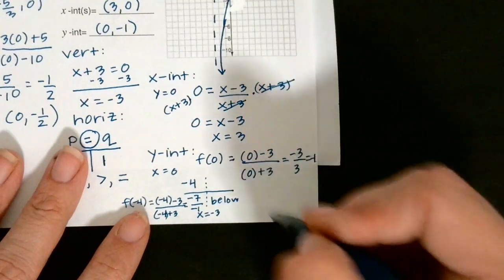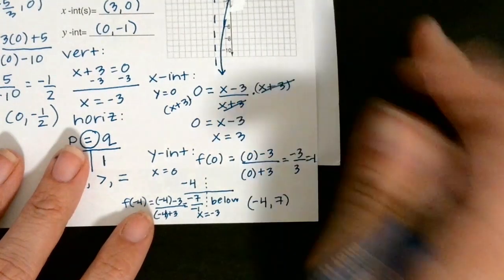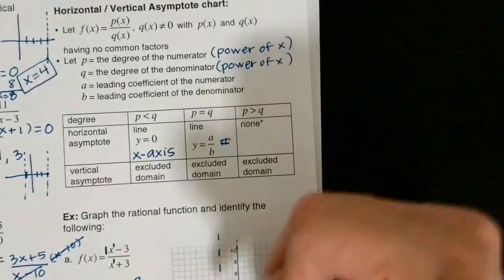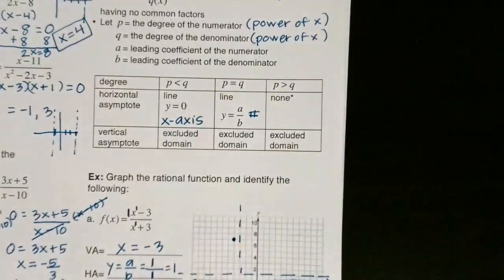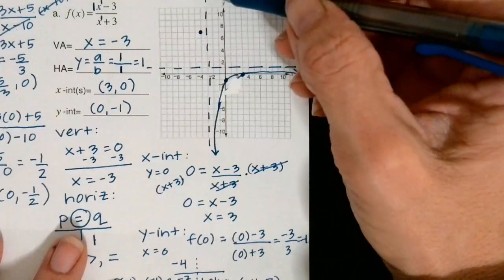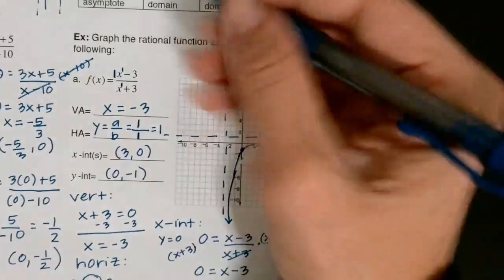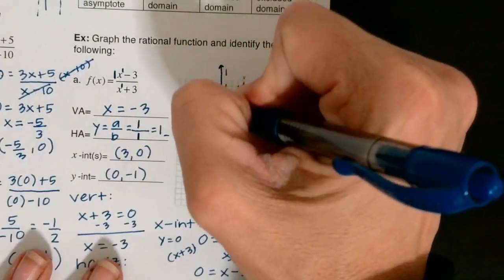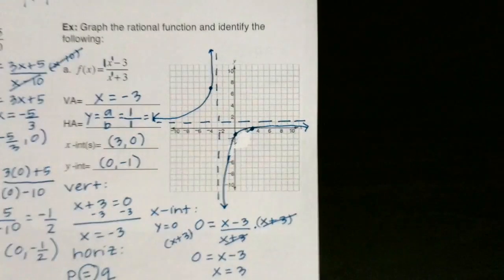That's positive 7. So I have the point (negative 4, 7) on my graph. Let's go plot it. Negative 4, 2, 4, 6, 8, and 7. So my question for you is, is this point, and therefore the graph, hanging out above its horizontal asymptote or below? Well, if the point is above, it's going to hang out above. And then it's just going to coast along the asymptote there.